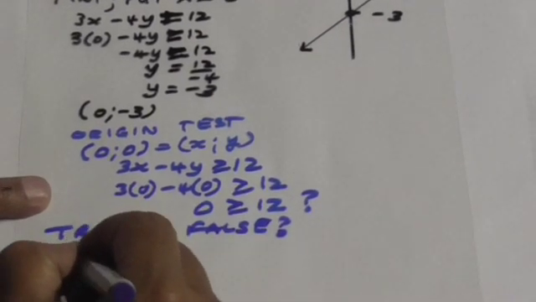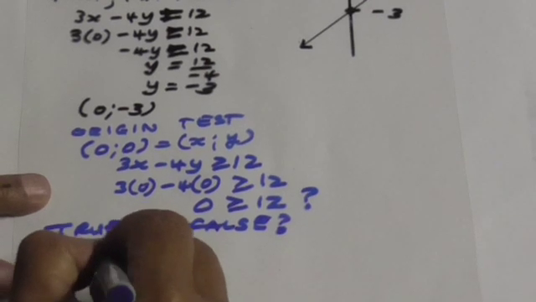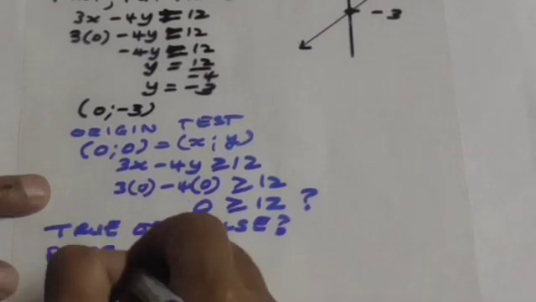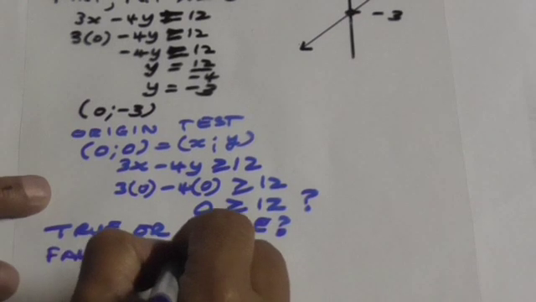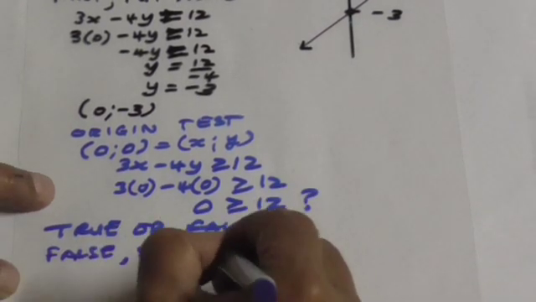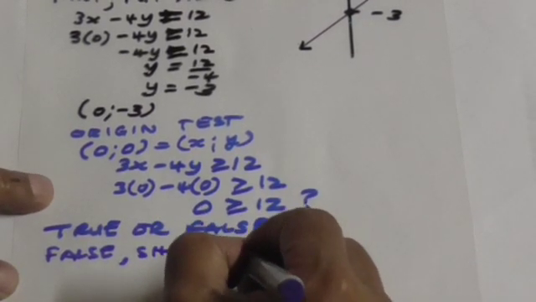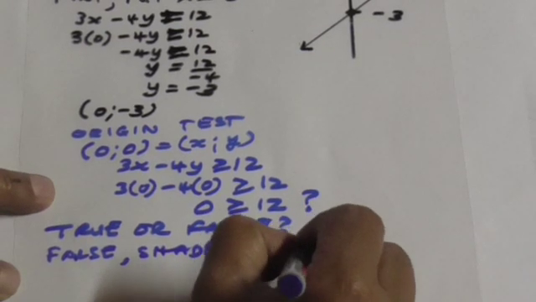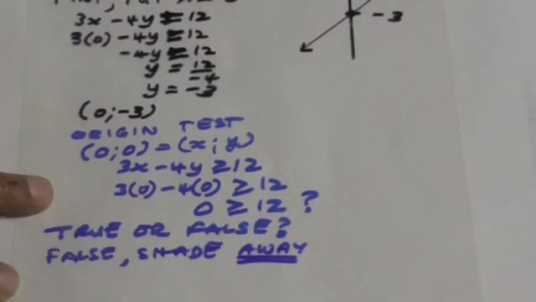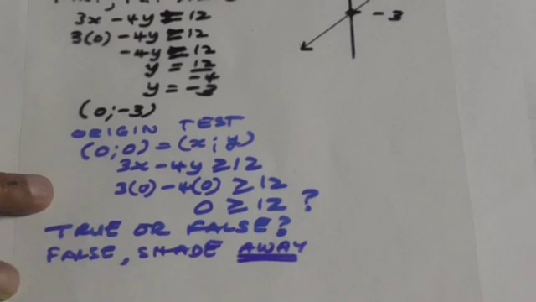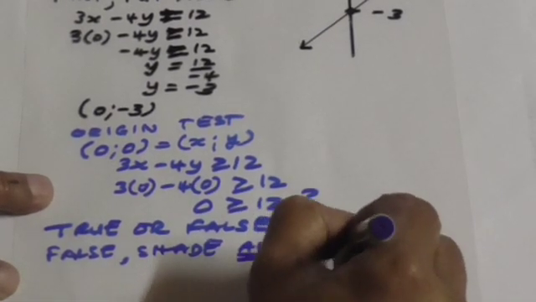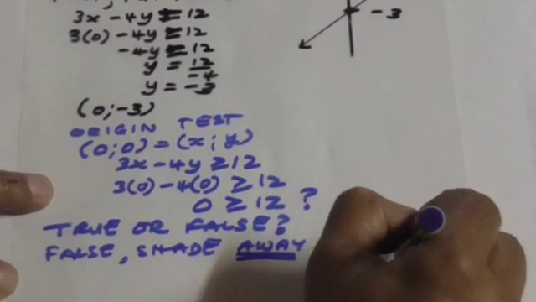False. It is false. So if it's false, then you must shade away. Away means far away from, in the other area. You must shade away from the test point.